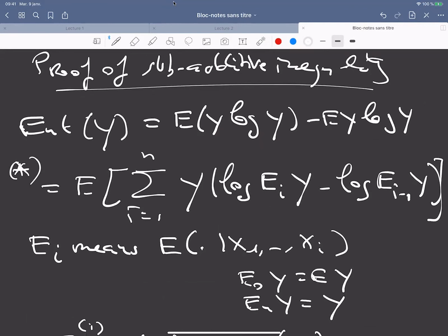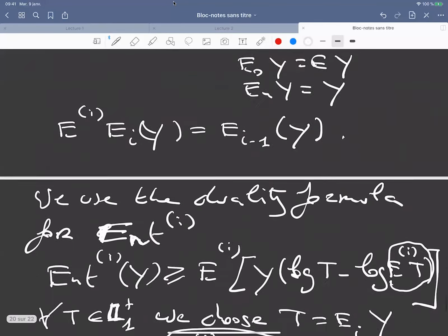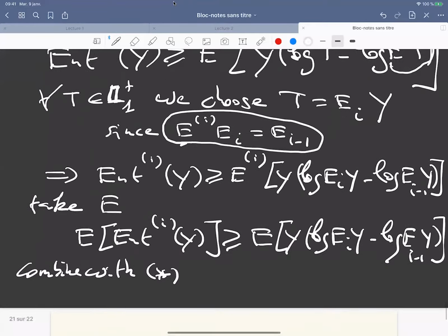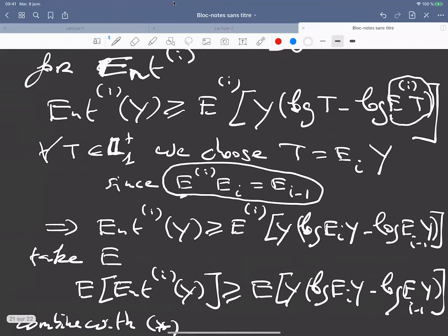Here we have decomposed entropy of Y as the expectation of this telescopic sum. And we see that each term in this telescopic sum is less than the expectation of the conditional entropy.